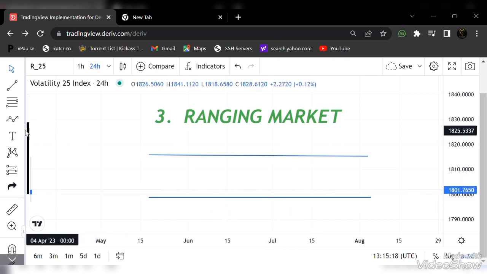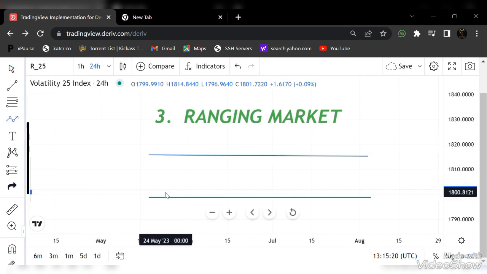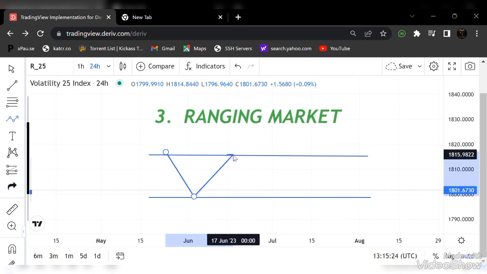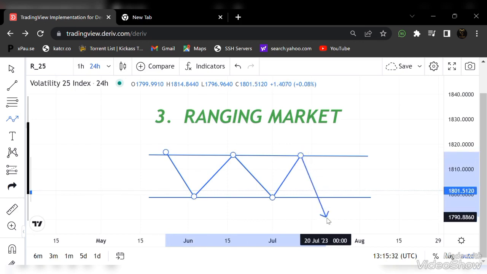If the market is to break out like this, like we're in a range, the market was ranging within these parameters, and then eventually the market breaks either the support or resistance.